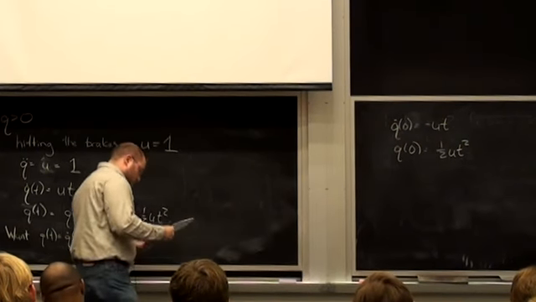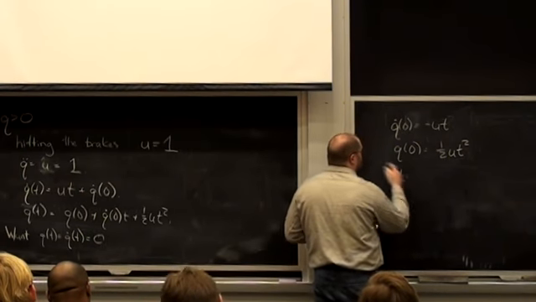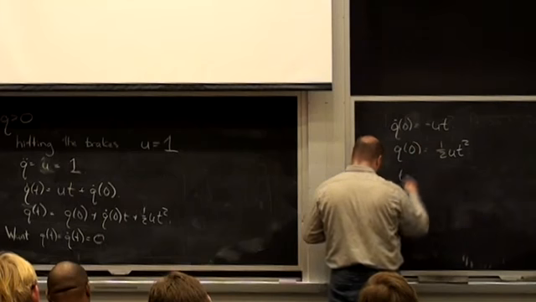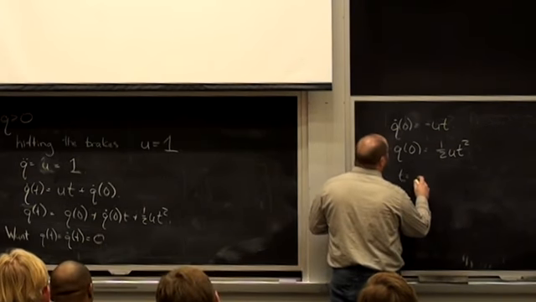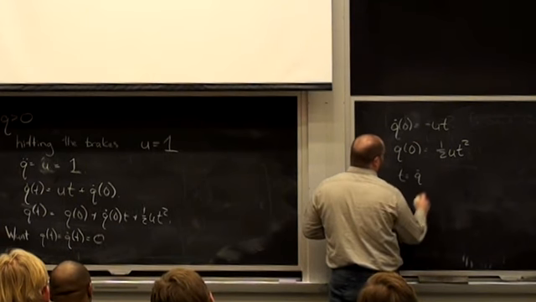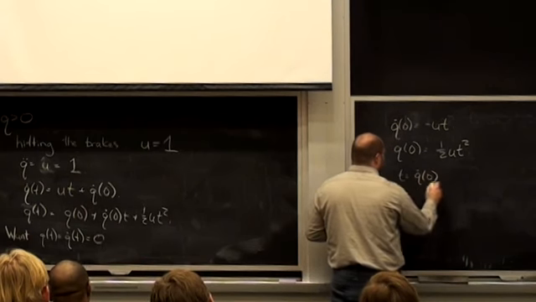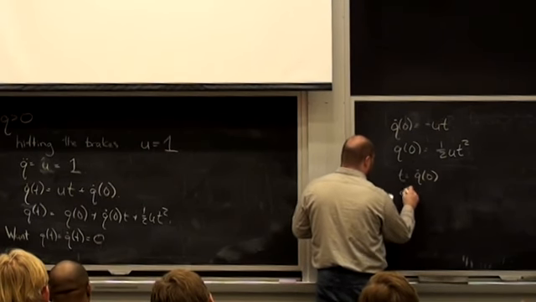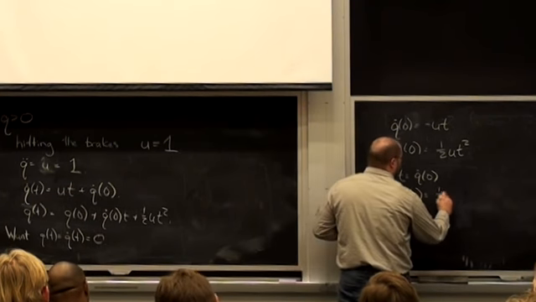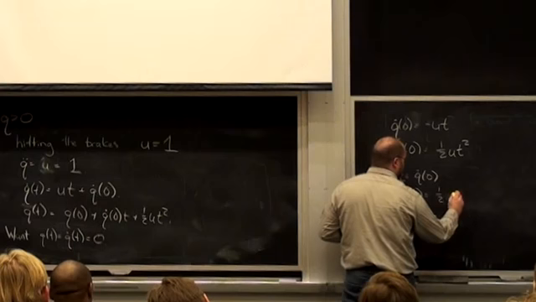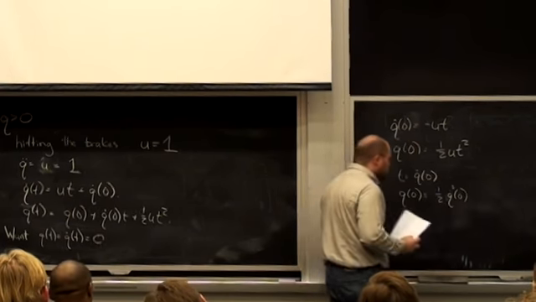If I solve out t, in this case u is 1, so t is just negative q dot. So q of 0 is just 1/2 q dot 0 squared.